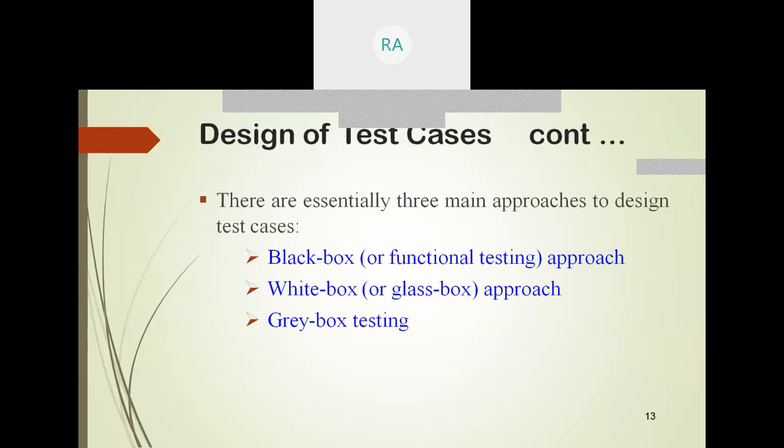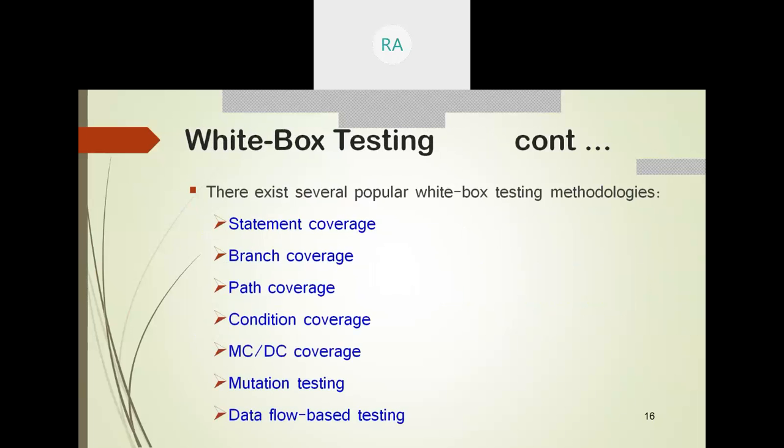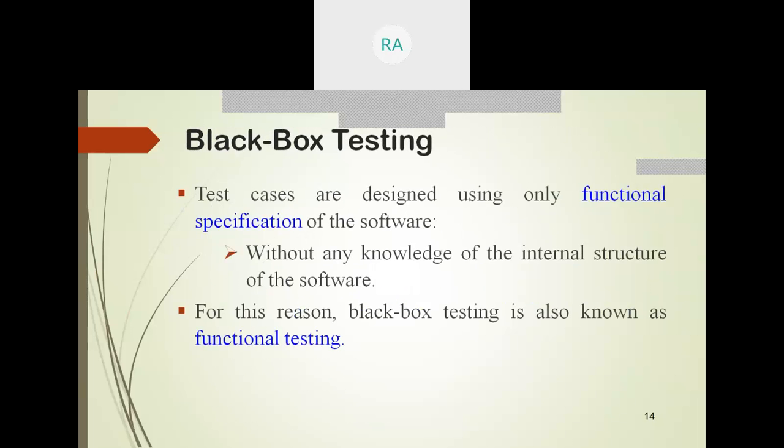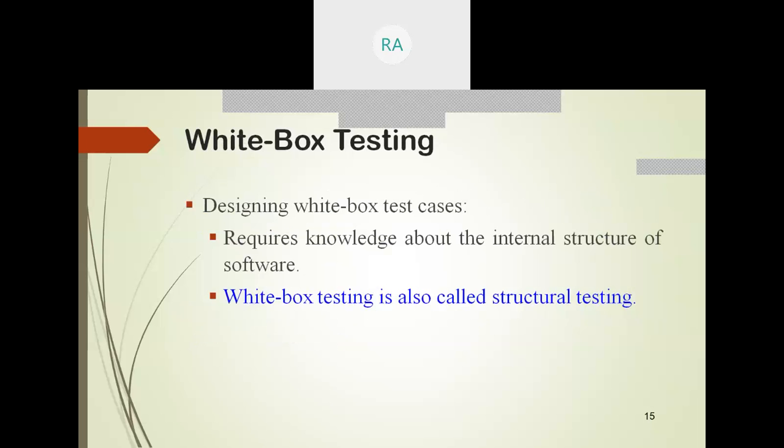After that, these are the testing techniques: black box testing, which I call functional testing, white box or glass box testing, and gray box testing. Now we are studying white box testing, where we study the structure of the code in order to detect the faults associated with it.